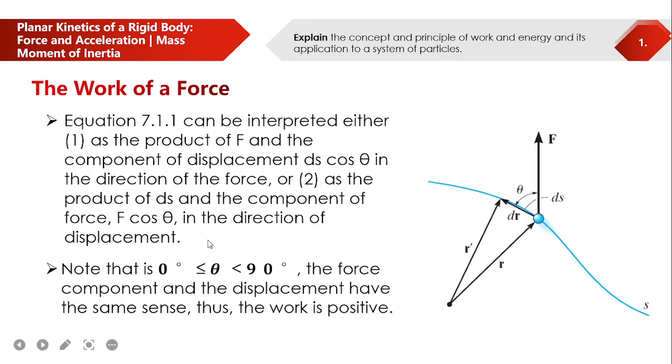So, note that if our theta is greater than or equal to 0 degrees, but less than 90 degrees, the force component and displacement have the same sense. Thus, the work is positive. Di ba? As you can see here, basta more than or equal to 0, meron siyang work na mabibigay, kasi nga same yung direction of force and the displacement itself, no?